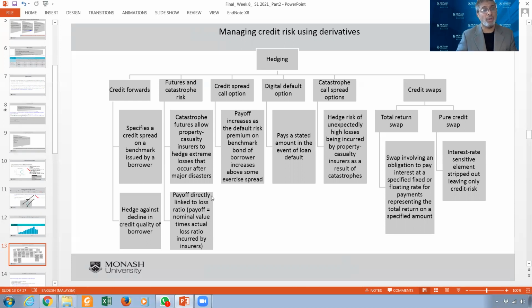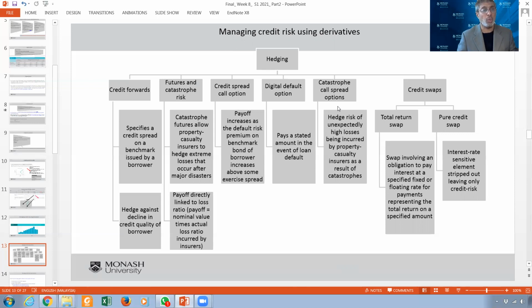Now, digital default options pay a stated amount in the event of loan default. So it's fixed. They call it an option, but if there is a default, they will compensate you a certain amount, like an insurance.